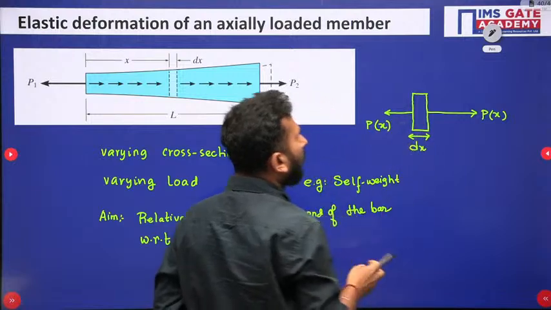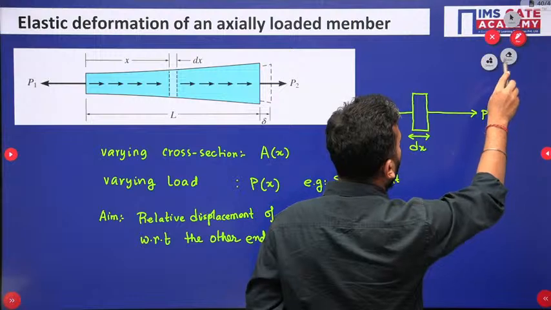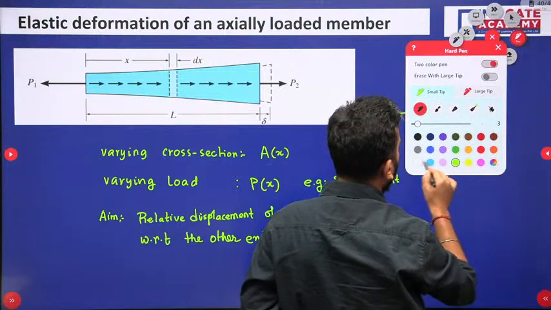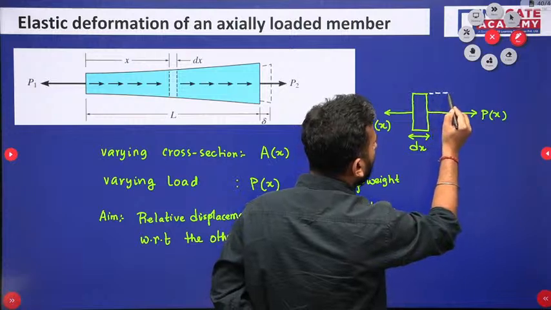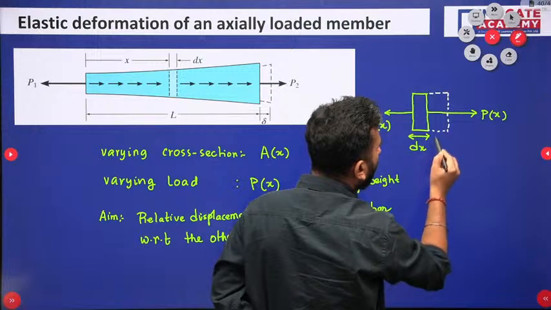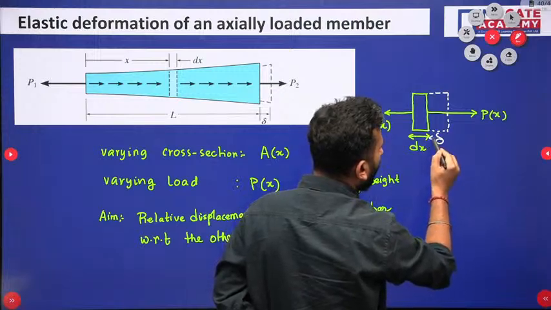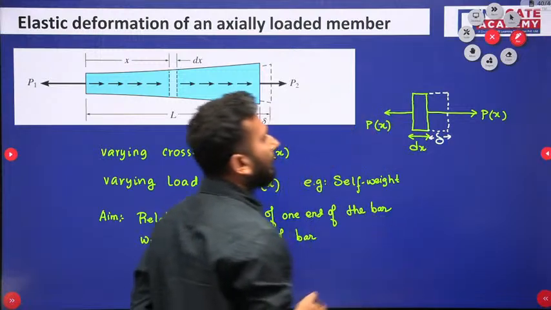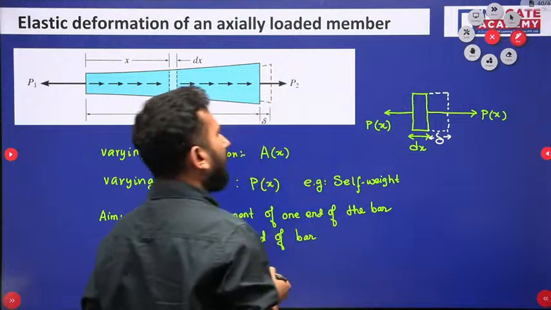And this load causes a deformation something like this, which I have shown by the dotted. So let's say the deformation is delta.